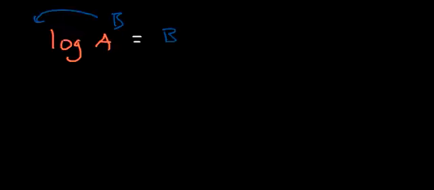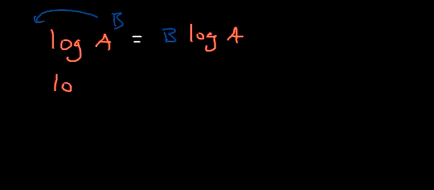So let's talk about some other properties of logs. We've already discussed this one. Log base A of B is equal to B log A. You've seen that property used already.